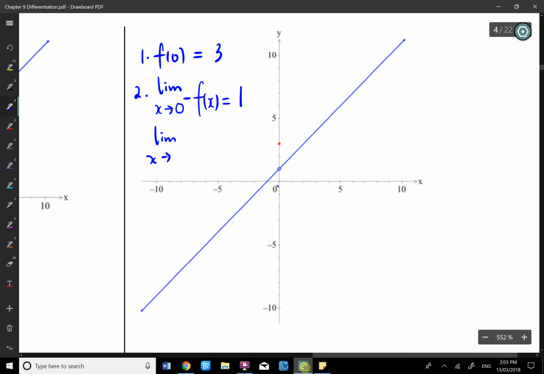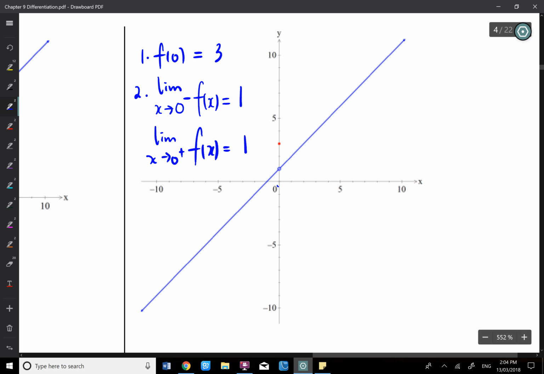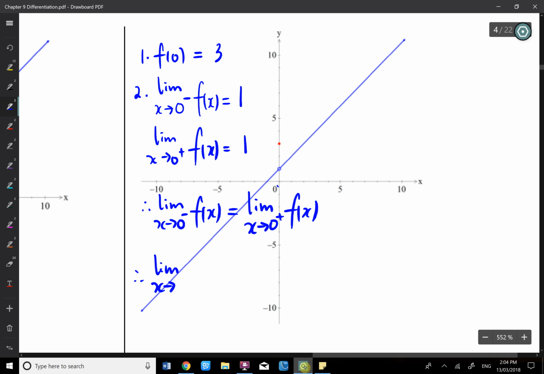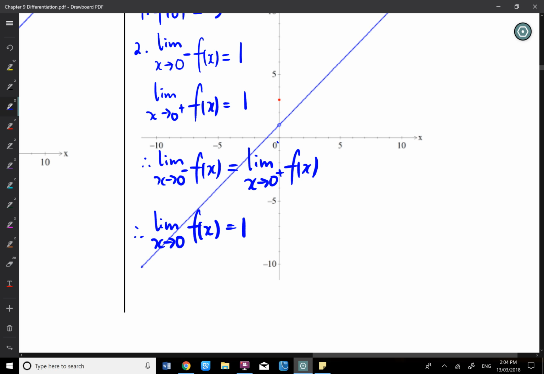The limit as x approaches 0 from the right-hand side: someone here sliding down towards that location, same point here. So the limit as x approaches 0 from the left-hand side equals the limit as x approaches 0 from the positive side. So the limit as x approaches 0 of f(x) does exist. That equals 1. So the limit exists. It is defined.